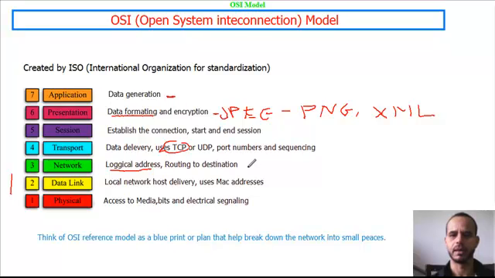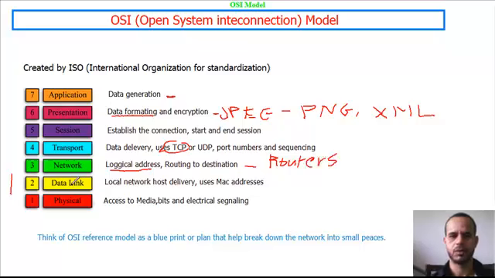And usually routers perform this stuff that we are talking about, like routing, path selection, and so on. The routers operate in layer 3 of the OSI model. Routers. Okay.